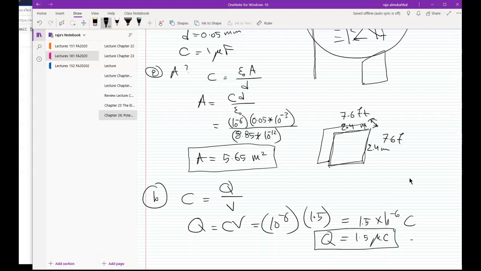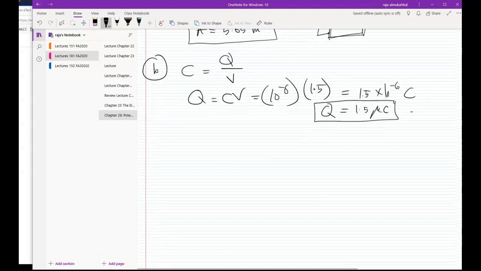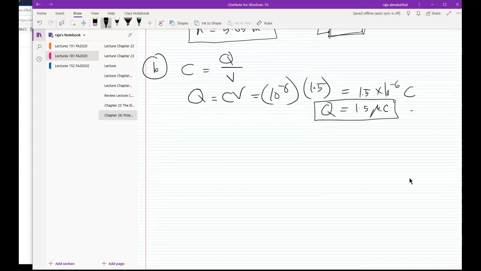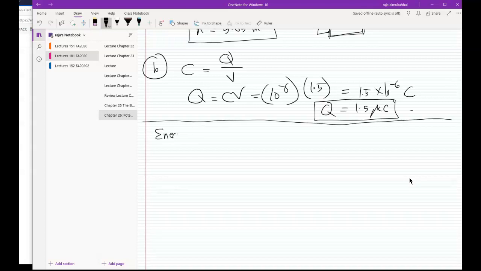One more thing about capacitors before I move to dielectrics, and that is the energy stored in a capacitor. Remember I told you about the flashlight in the camera?